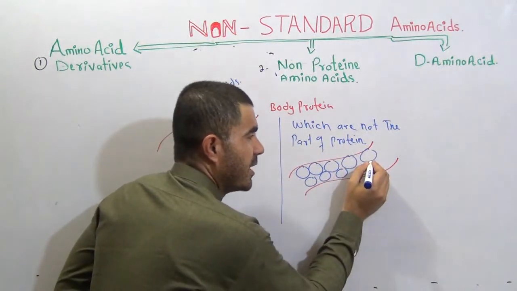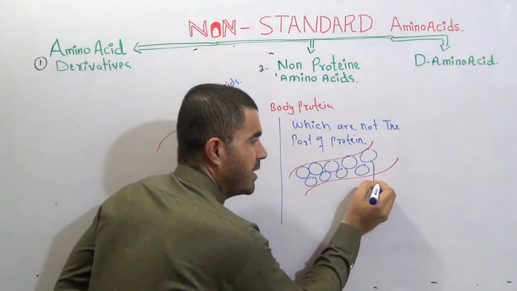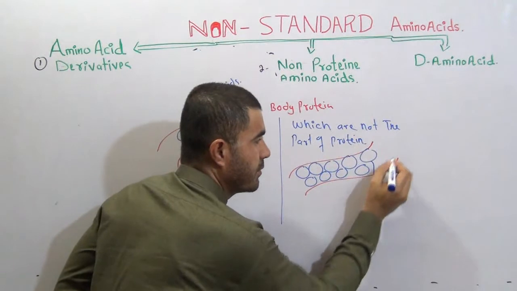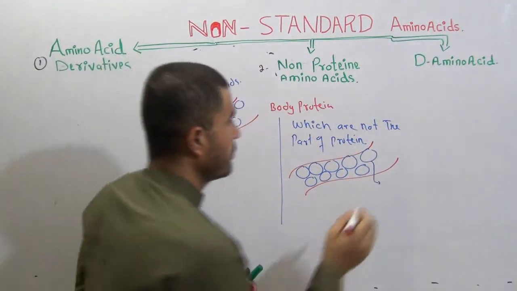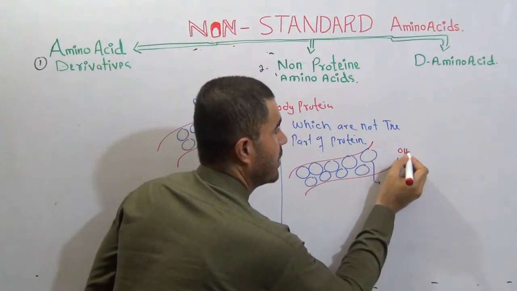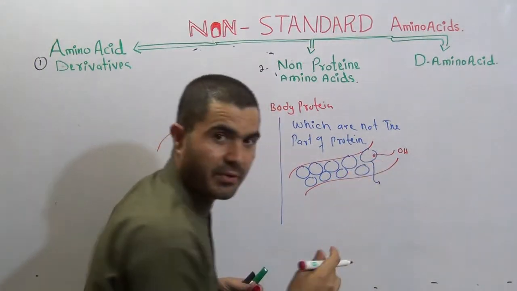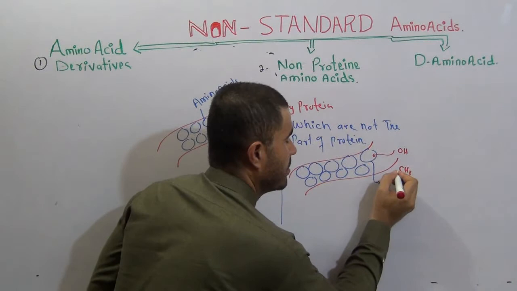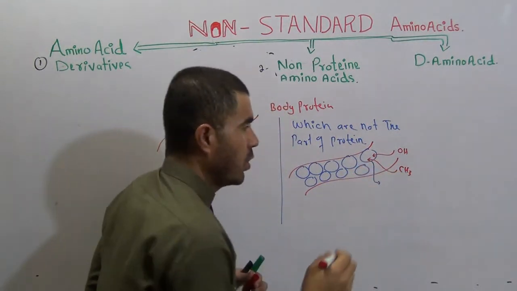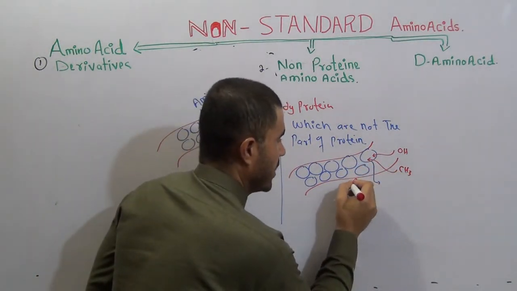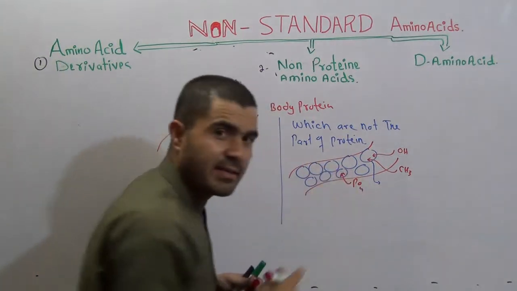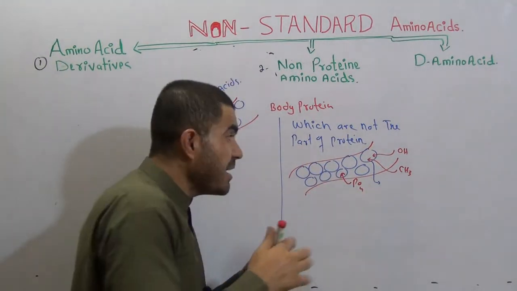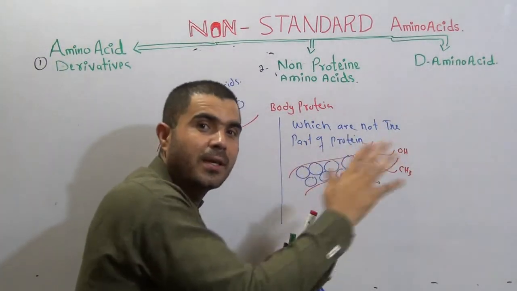Now let's suppose this is one amino acid, and in that amino acid we add an OH group, or a methyl group, or a phosphate group, not necessarily in all amino acids, but in any one of the amino acids, or 2, or 3.